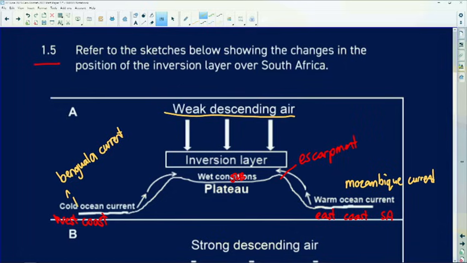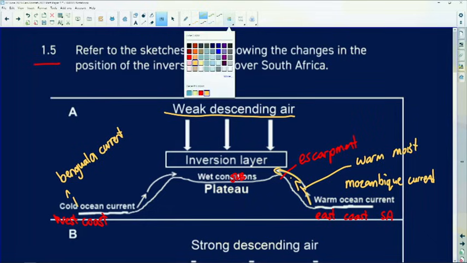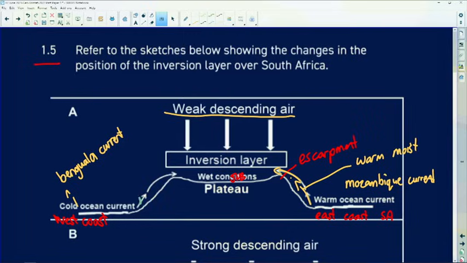Now, we know the warm Mozambican current creates warm, moist air. We know that the cold ocean current, the Benguela current, creates cool, dry air. Now, they've mentioned in diagram A, it's a weak descending air.